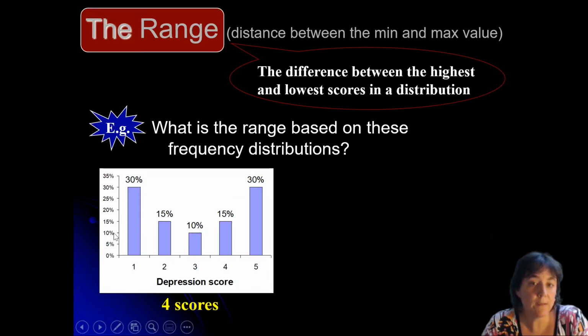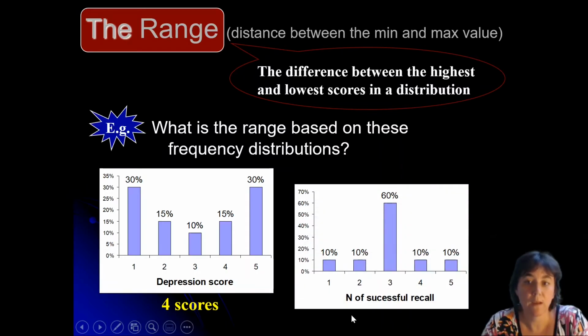Why? Because I have 1 and 5 as the minimum and maximum values, so simply the range is 4. Here, number of successful recalls from 1 to 5, same thing. 4 recalls is the range.